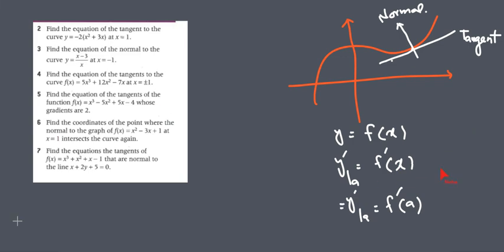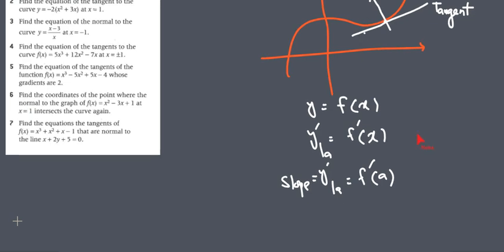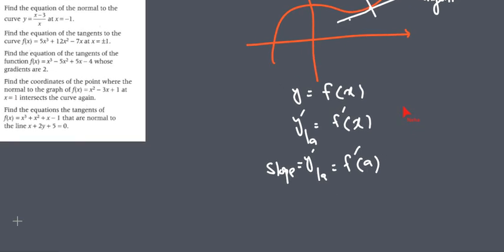Then to find the equation, because the tangent is a straight line, we can use the equation of the line, y minus y1 equals m into x minus x1. So m will be the slope that we get from this step, and what would be our x1, y1?